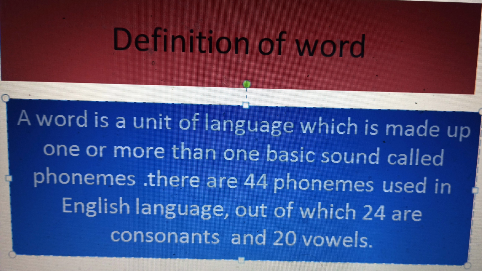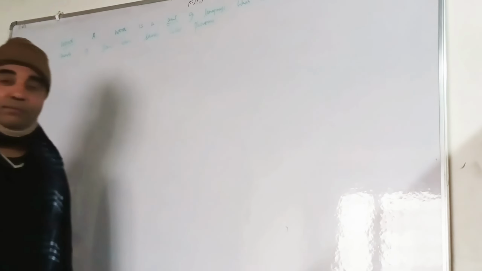It is the unit of the language, which is made of some basic sounds called phonemes. So, a word is a unit of language which is made of some basic sounds called phonemes.